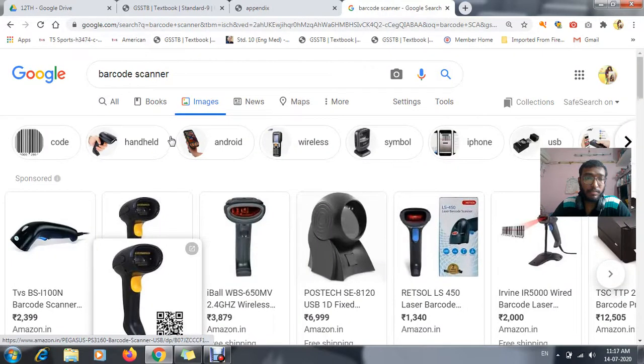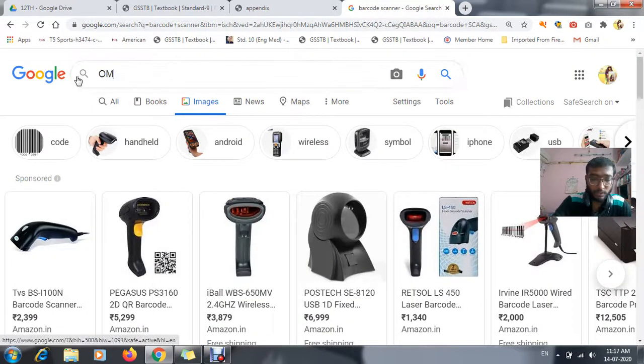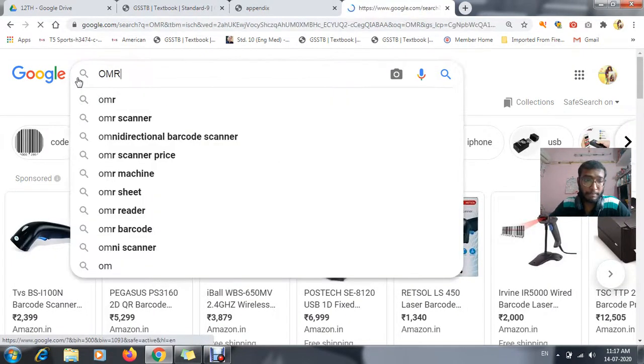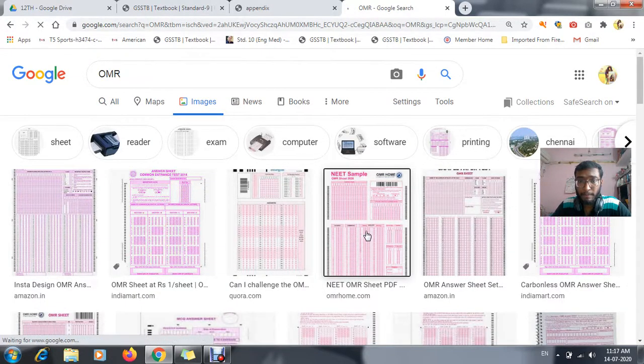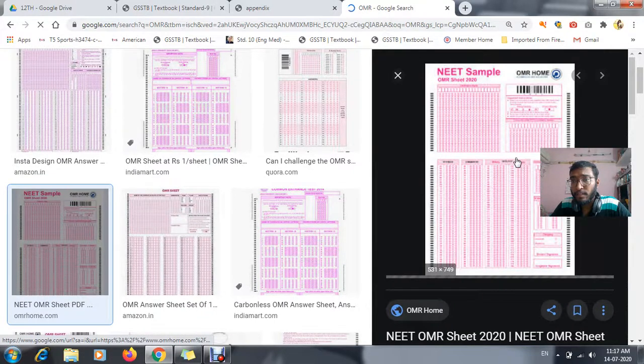I can show this. OMR. The image is loading slowly due to slow internet.